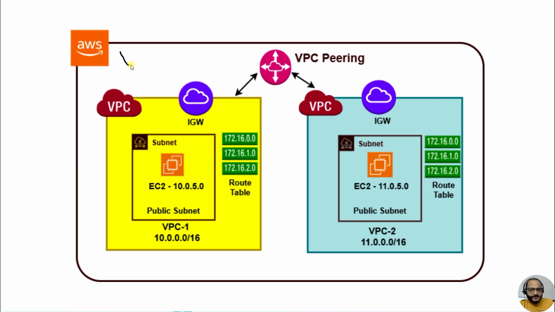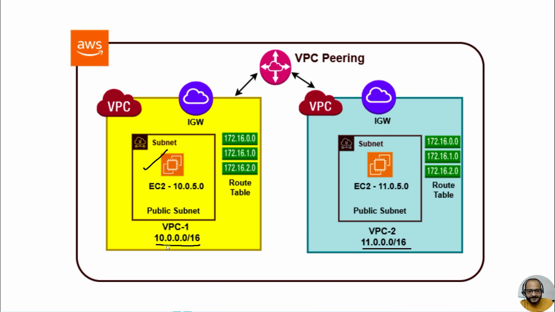So this is my AWS region where I have two virtual private clouds, VPC1 and VPC2. Now I have a few resources as part of these VPCs. Suppose we have an EC2 instance. If you can see the range here, the IP range is different in VPC1 and in VPC2.